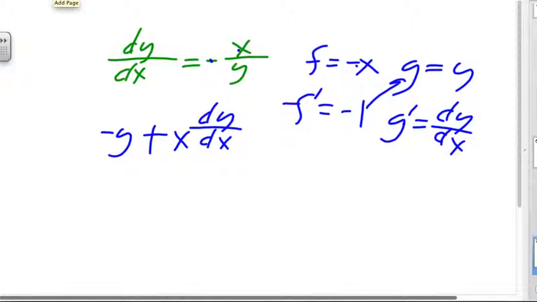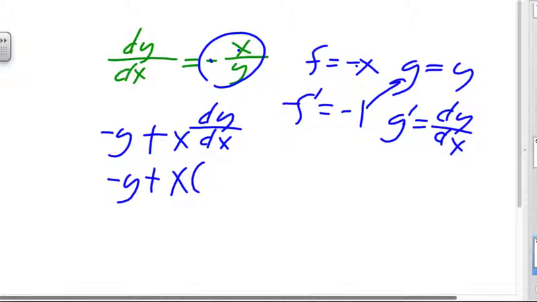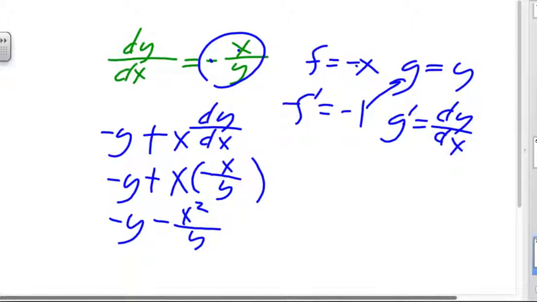And then I come back in and I substitute back in for this. We'll have -y plus x times -x over y. And that will give me -y minus x squared over y.